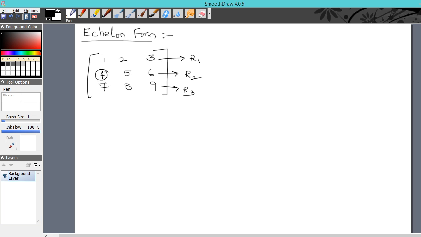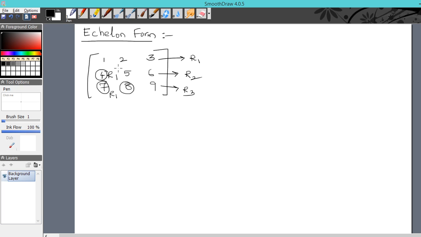Normally I am using row 1 to make this 0 and then make this 0. Here also I am using row 1. You can use either row 1 or row 3. It is your wish. As per my comfort, I am using row 1. Then make this lower part 0.